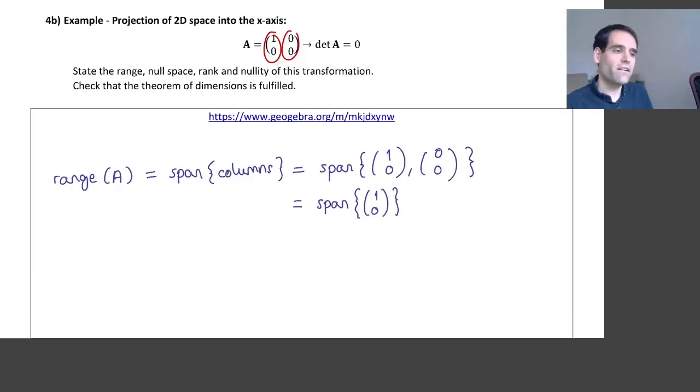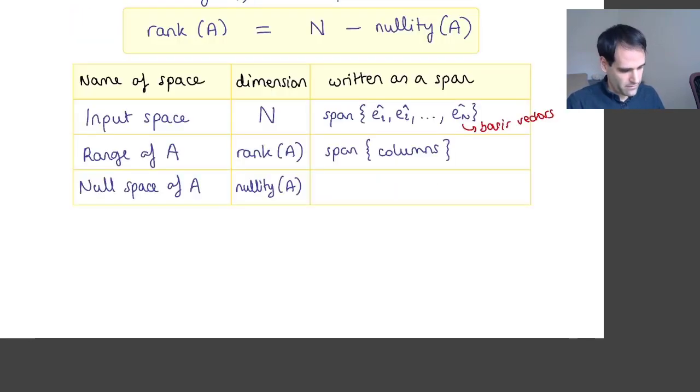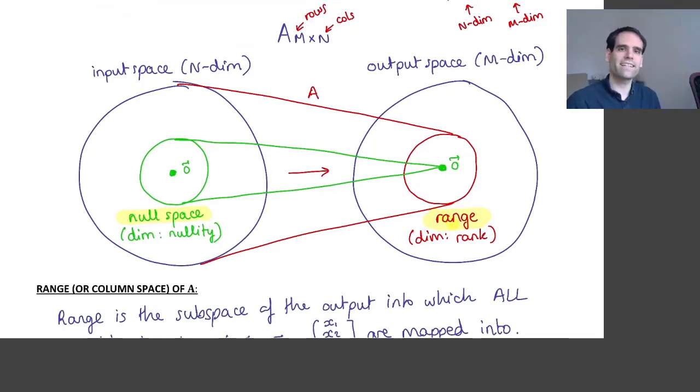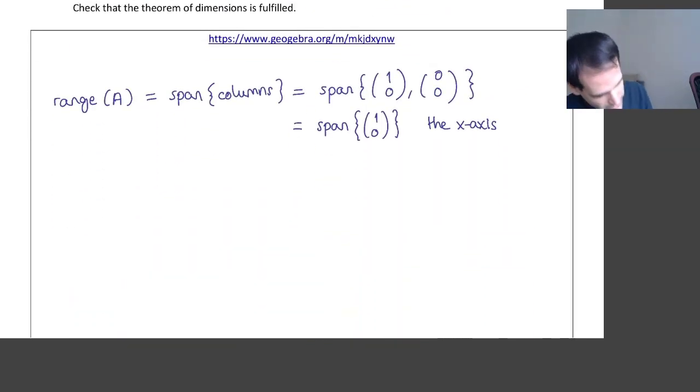And what's the span of (1, 0)? This is the x-axis. So that is the range of the transformation. And indeed we know that this transformation is squashing all of the input space into the range, which is the x-axis, because it is projecting everything into the x-axis. Next, what is the rank of A?